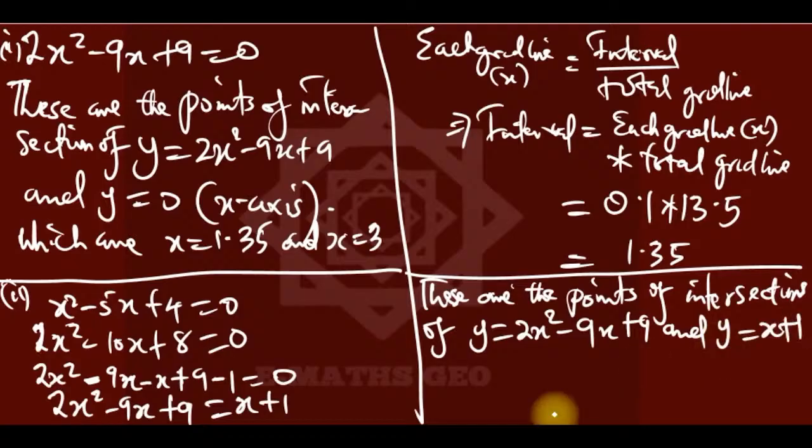So we'll still plot a graph, because this is a linear graph and it's a slant line, not a horizontal line like the first one. Y equal to 0 is a horizontal line, the x axis.